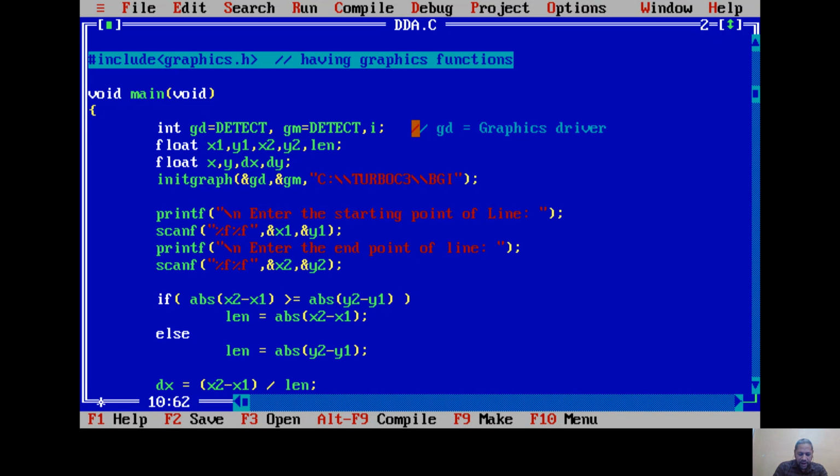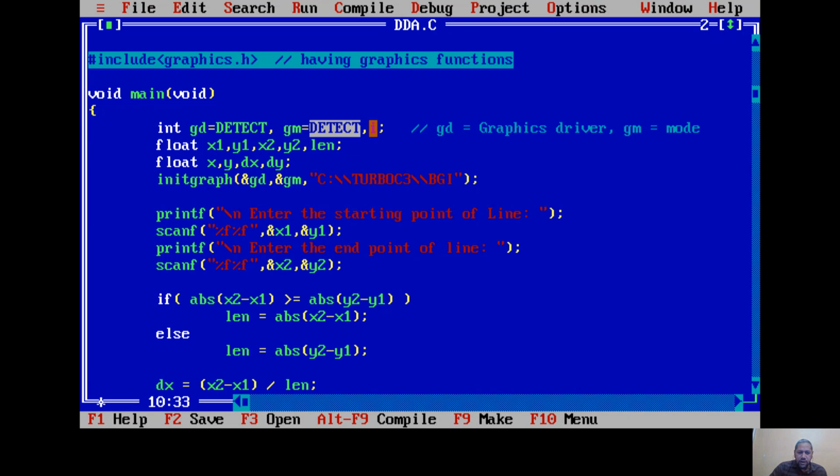Initially we put these values as DETECT and DETECT. Why? Because whatever driver is available on my computer will be detected automatically, so it will detect the graphics driver and mode automatically.